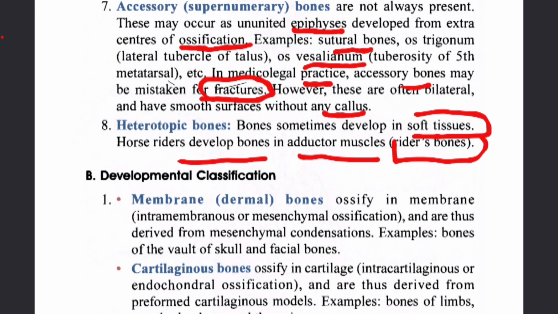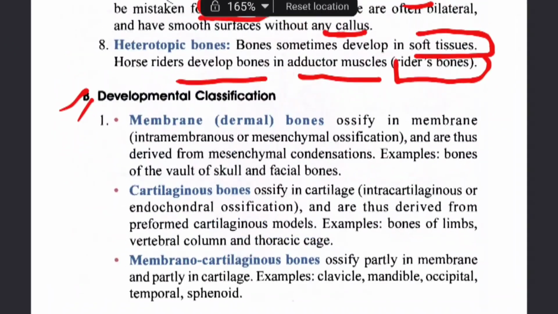So the next classification is your developmental classification, like how bone is developing. There is the membranous bone, then the cartilaginous bone, and then the membranocartilaginous bones.